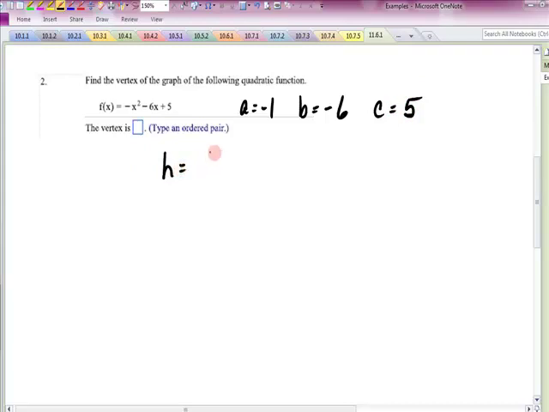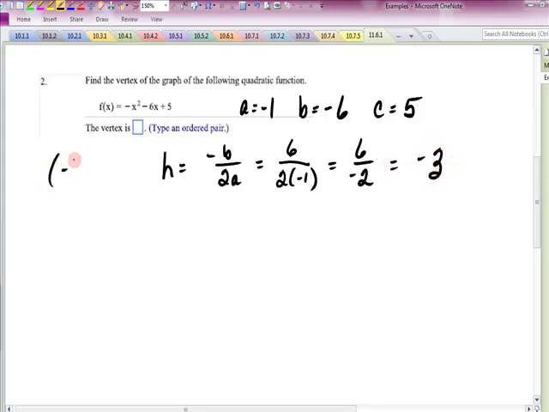H is equal to negative B over 2A. So it is opposite of B, opposite of negative 6 is positive 6, over 2 times negative 1. That's 6 over negative 2, which is negative 3. I have the first coordinate of the vertex.